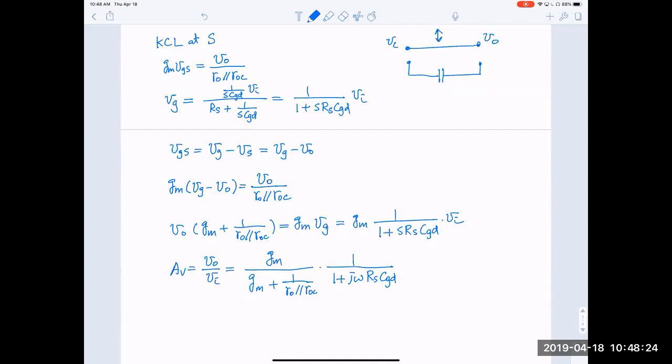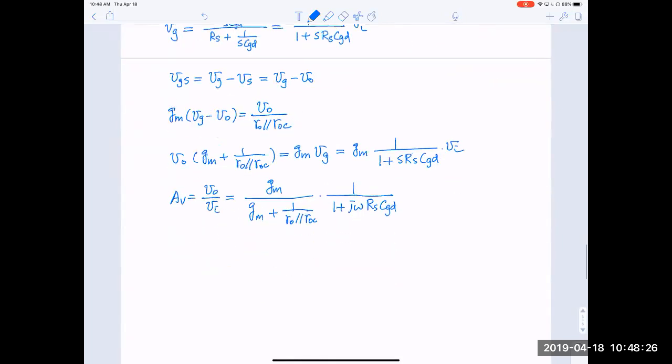Any questions here? So we get two things. We get our low frequency gain. You say, well, didn't we already use it? We said it's 1. Now we obtain the expression that's not 1. But note that gm is much, much larger than 1 over RO in parallel with ROC.